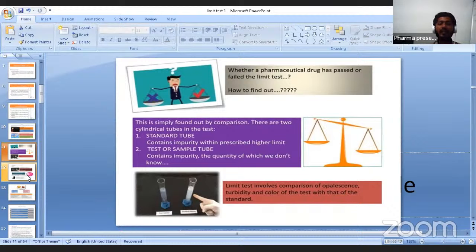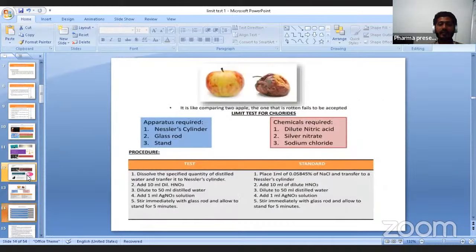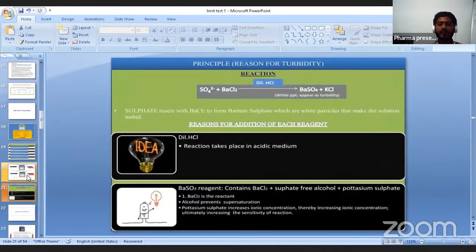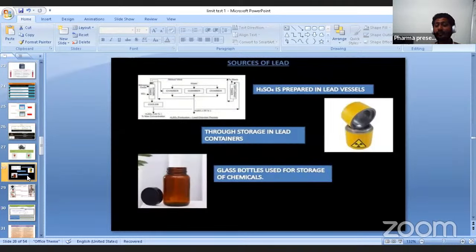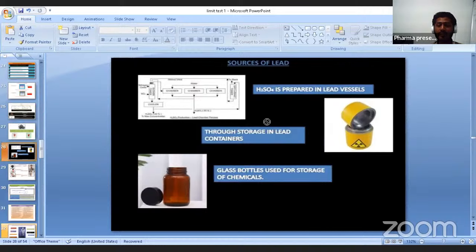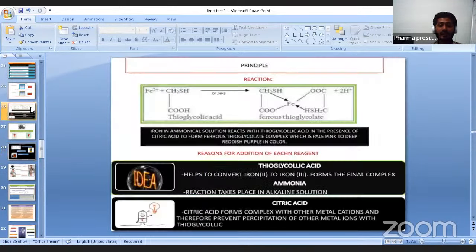For example, in the limit test of iron, we add citric acid. It has to be added before the thioglycolic acid, or else it won't give us the proper results.